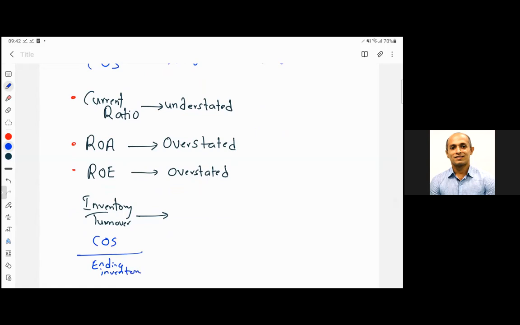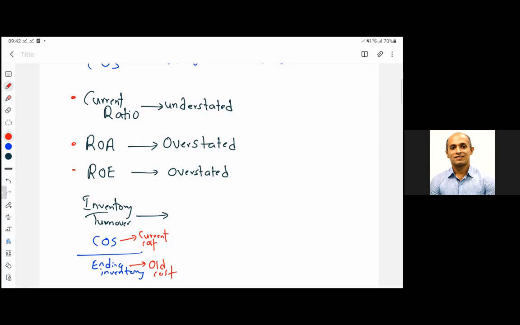Now, cost of sales at current cost. Ending inventory at old costs.